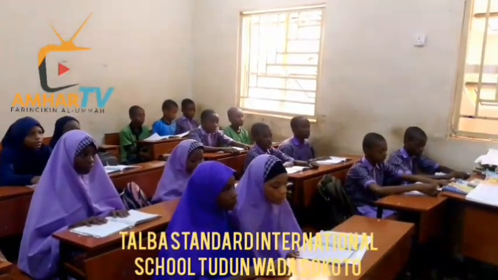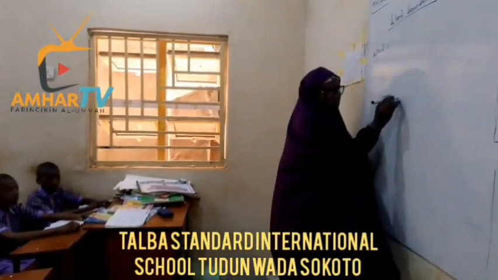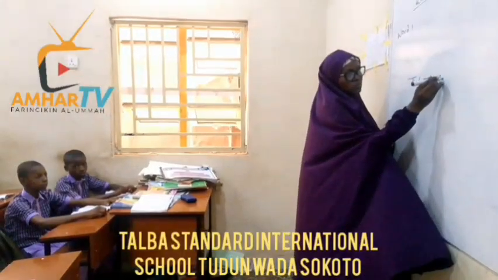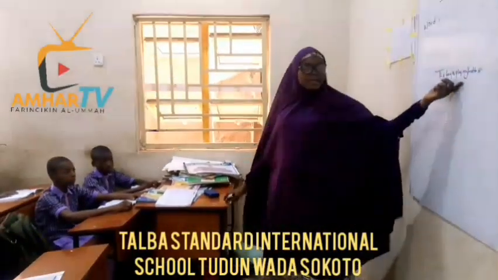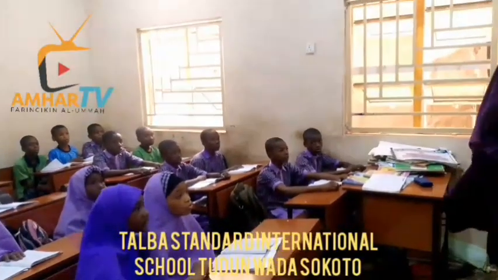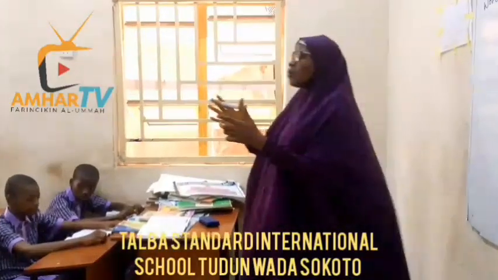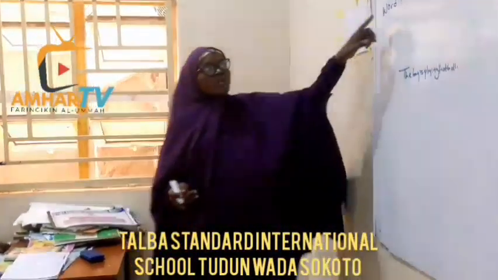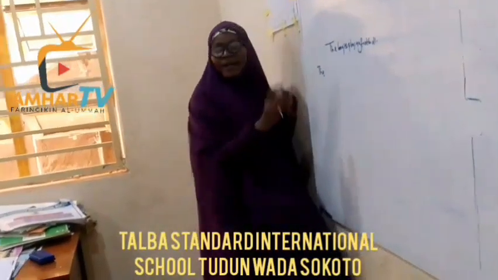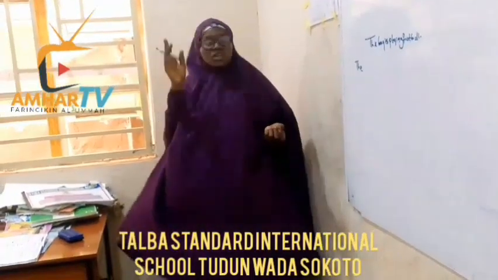For example, if I write like this, is there anybody that can read what I write here? No. Because there is no gap that lets you understand what I wrote; everything is mixed together in one place. But with the help of word boundaries, the space that separates one word from another, you will understand and be able to read what is written.